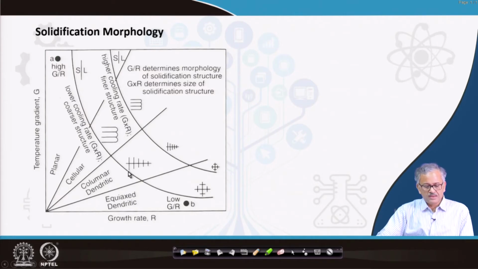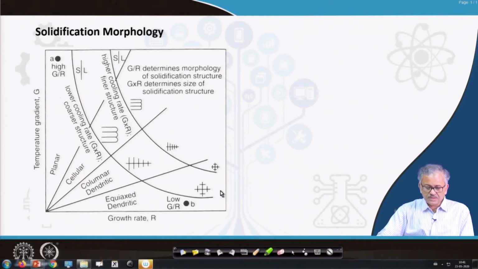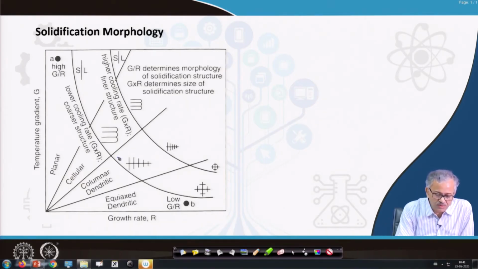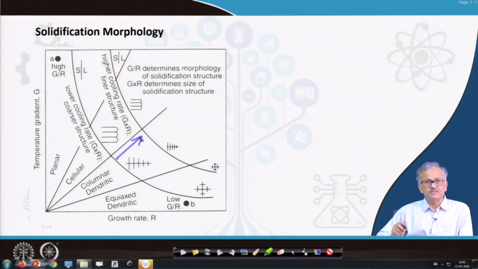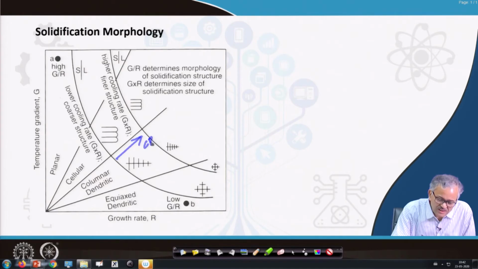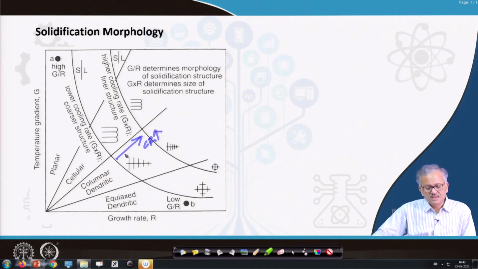If you go in this direction, the cooling rate increases, and you can see all the structure becomes finer as you increase the cooling rate. This is the lower cooling rate, and the cooling rate is increasing in this direction. As a result, the coarse structure becomes a fine structure.